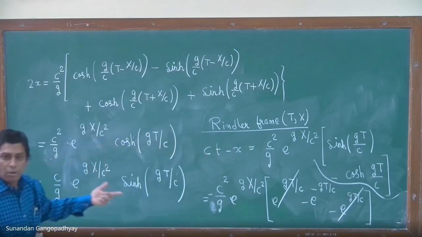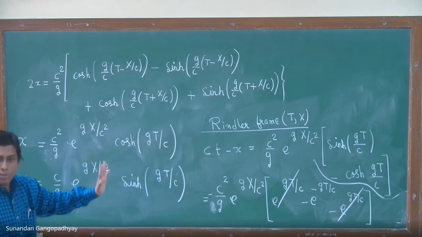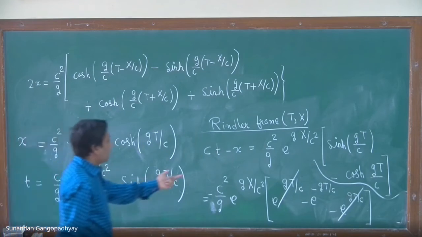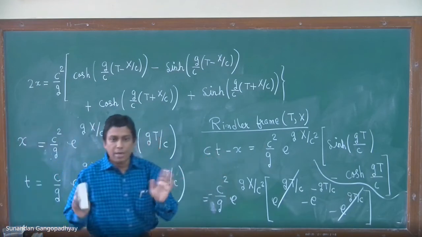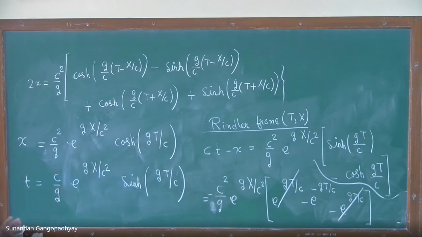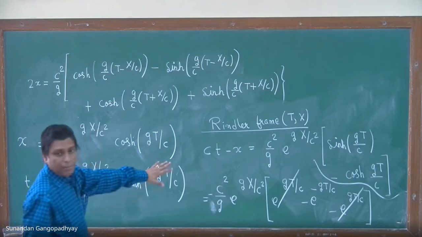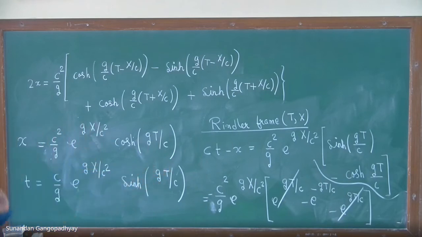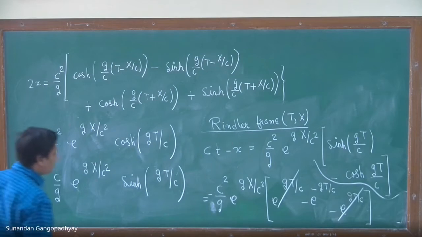You have taken this combination, it has nothing to do with space. This is algebraic, right? I'm not writing any metric. When you write the metric, then the question of time-like and space-like and all those things will come. And this is perfectly causal, so there is no problem with it.